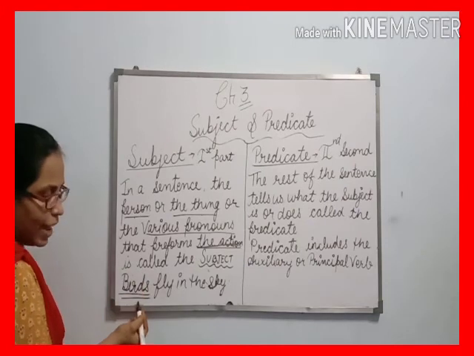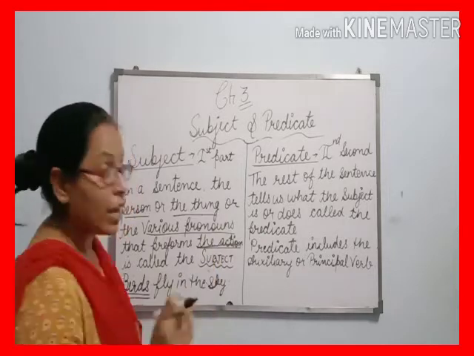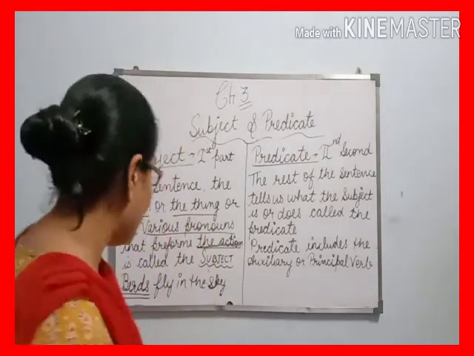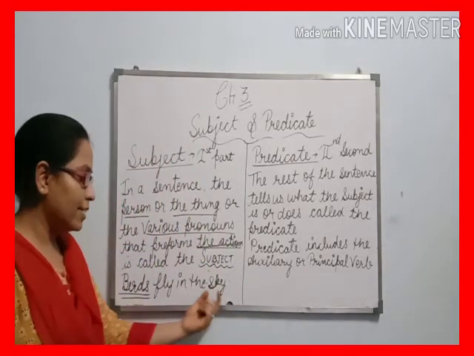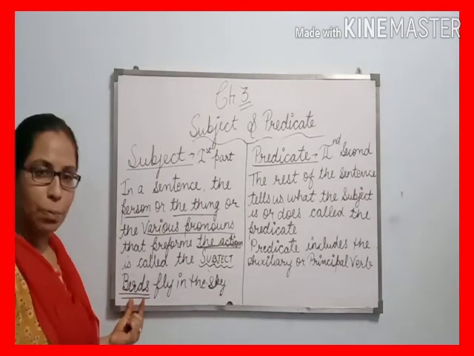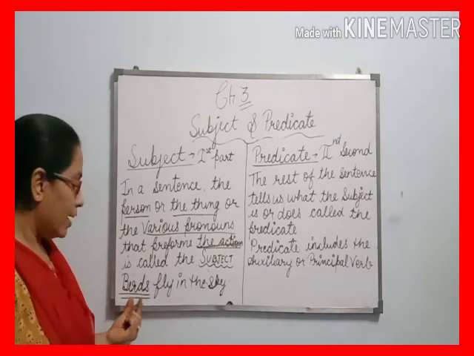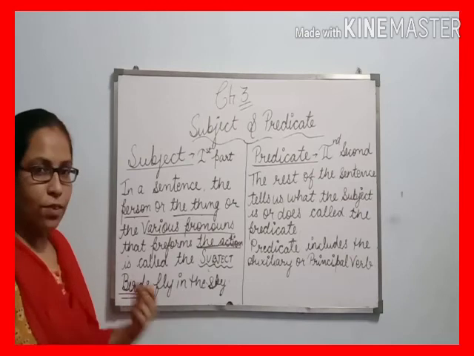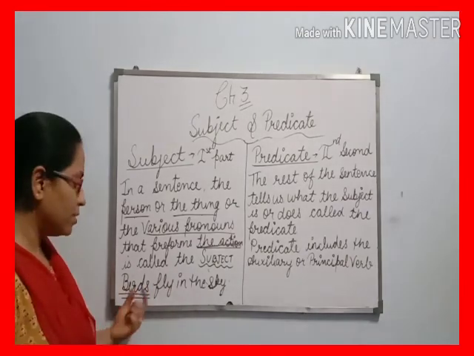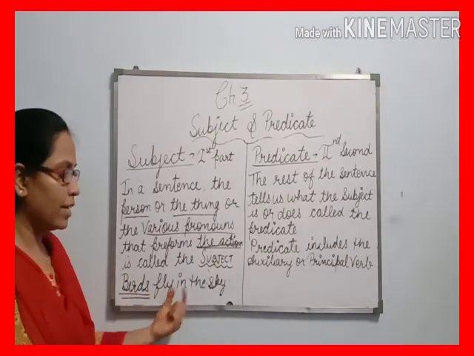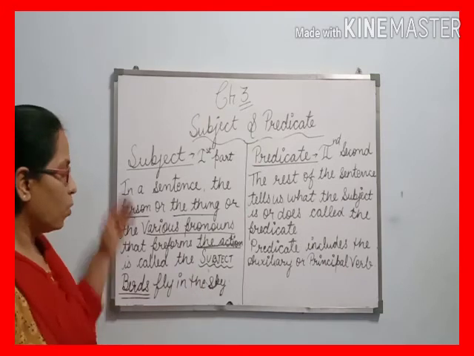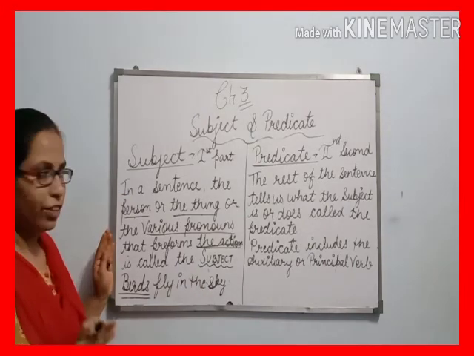Birds are performing the action. What action are they performing? They are flying in the sky. Again, I am repeating my words, beta, birds fly in the sky. So this is the first part of the sentence, and it performs the action. I hope you understand the first part of the sentence.